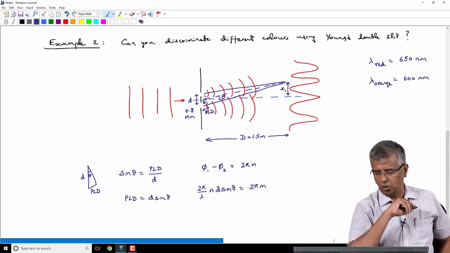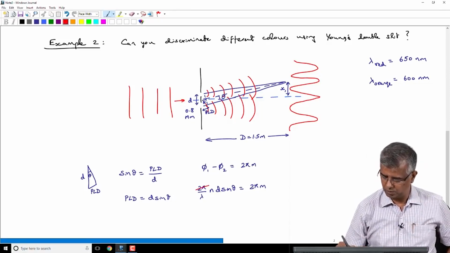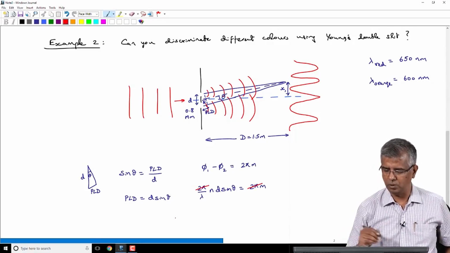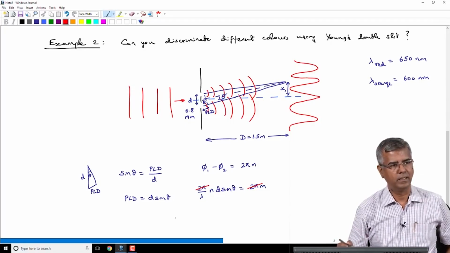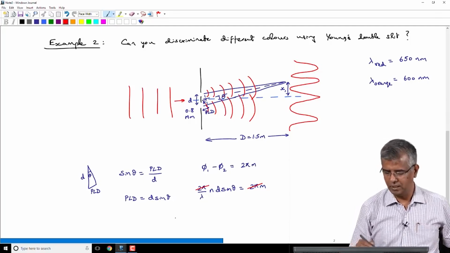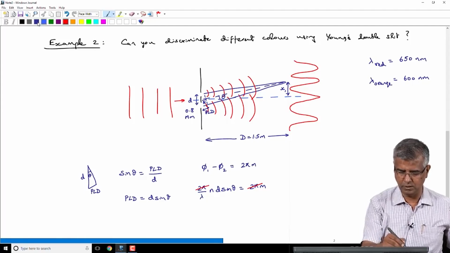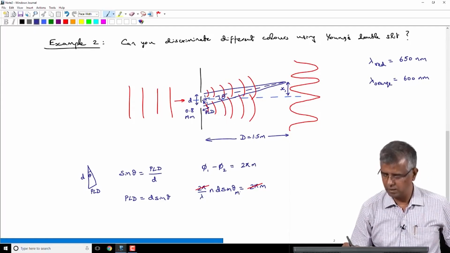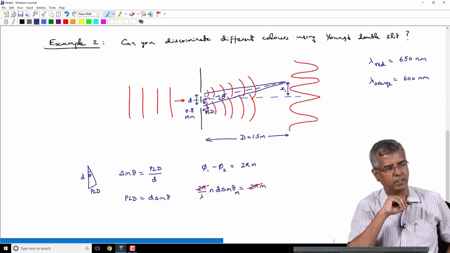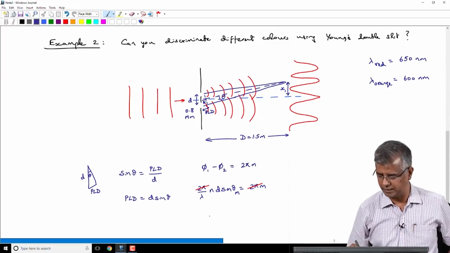Okay. Now, of course, we can go in and say okay, 2 pi and 2 pi cancels. So, if I wanted to find the angle at which the first maxima happens, okay. So, in general I should write this as theta m, okay, because that corresponds to different orders having a different theta m.